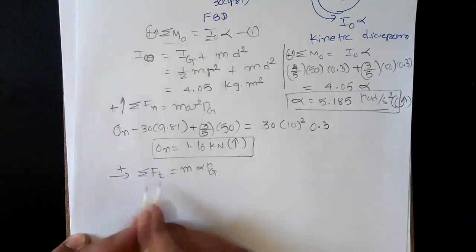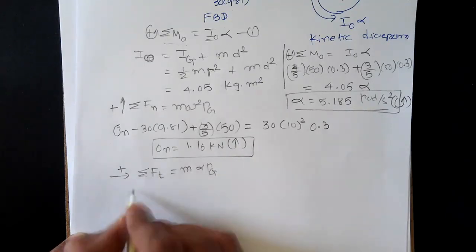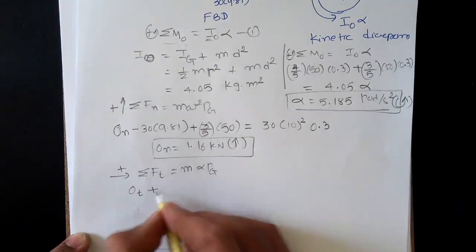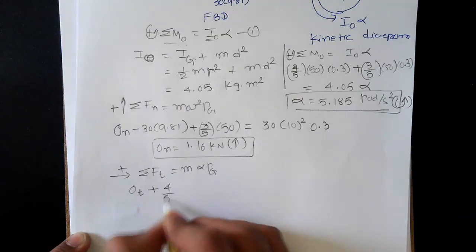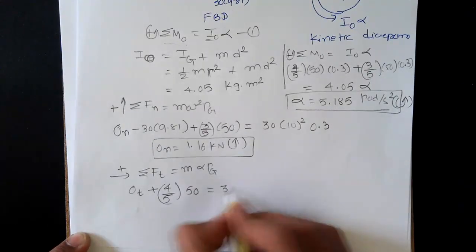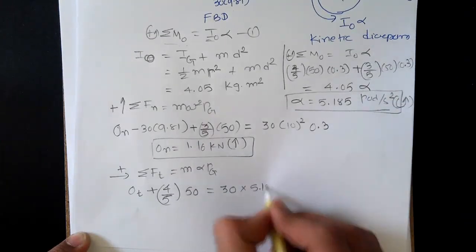So you substitute all the left hand side of the equation from the free body diagram, considering only the forces along the tangential direction. One of them is the reaction at the pin, plus the second force is the tangential component of the applied force, is equal to 30 multiplied by the acceleration 5.185.